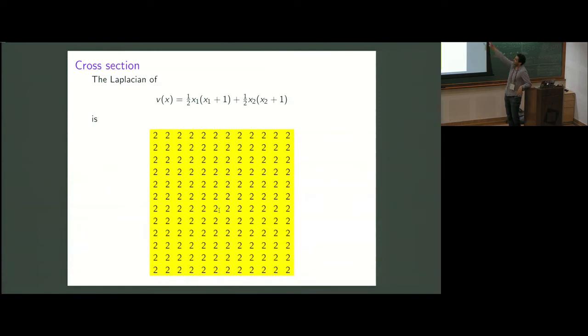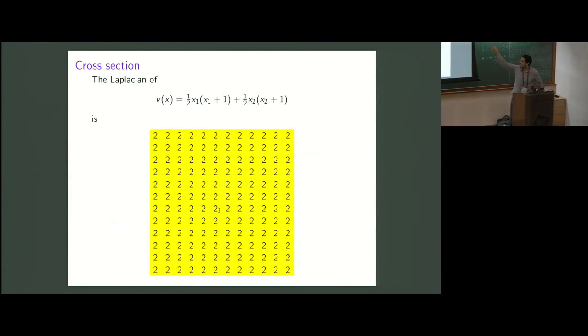That's what you see at the top. And then this has a nice simple discrete Laplacian, which is just all 2's. And all 2's is nice and stable, so you're happy. That tells you that the identity matrix belongs to gamma. So this is a V that witnesses that it belongs to gamma.